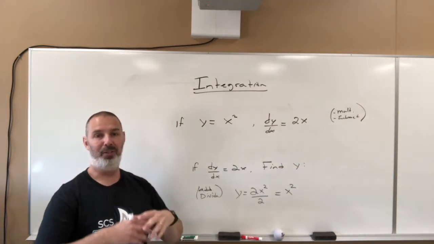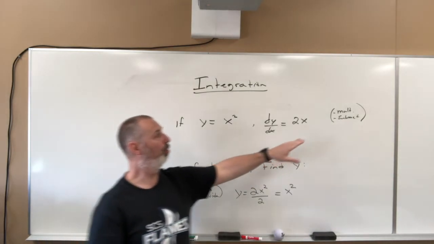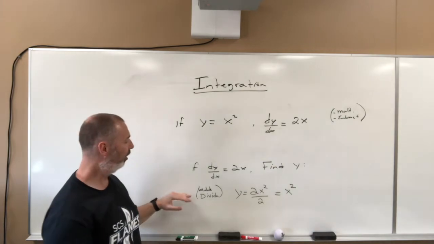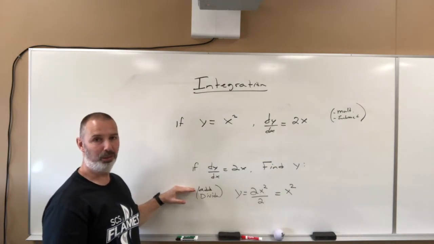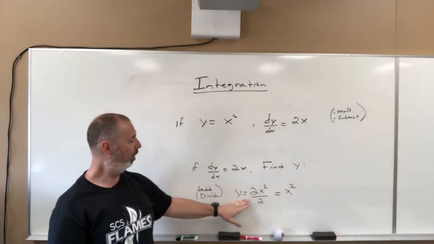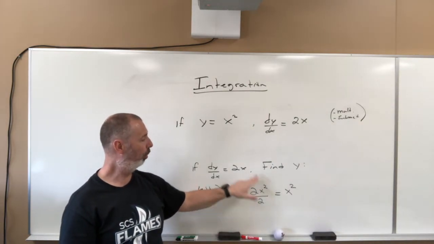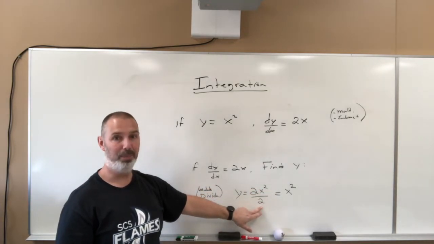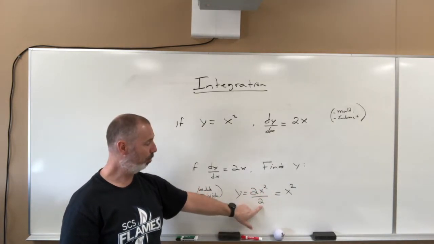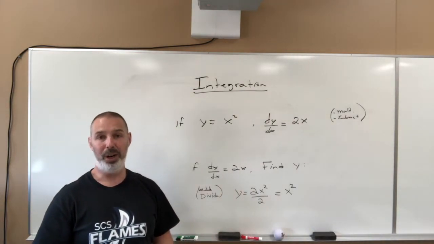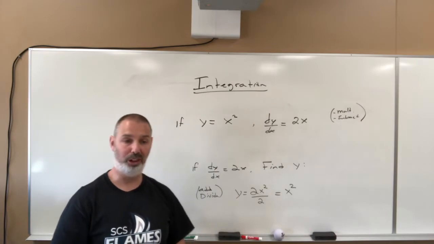We have to do exactly the opposite. We add 1 to the exponent, and then divide by that number. So it becomes y equals 2x squared over 2. We've increased the exponent by 1 and then divided by the new exponent, and that simplifies to x squared. So we've reversed the process.